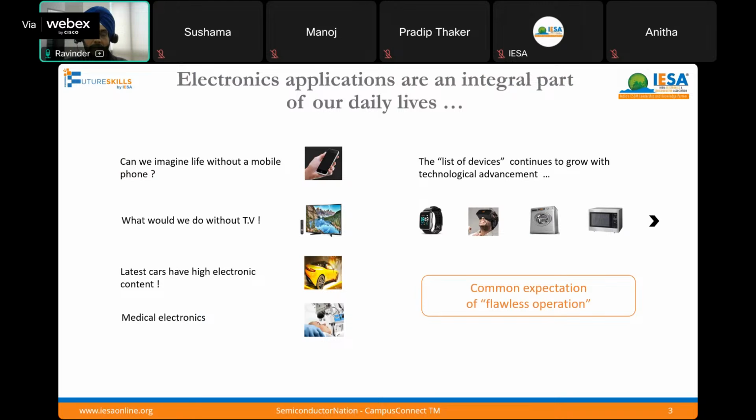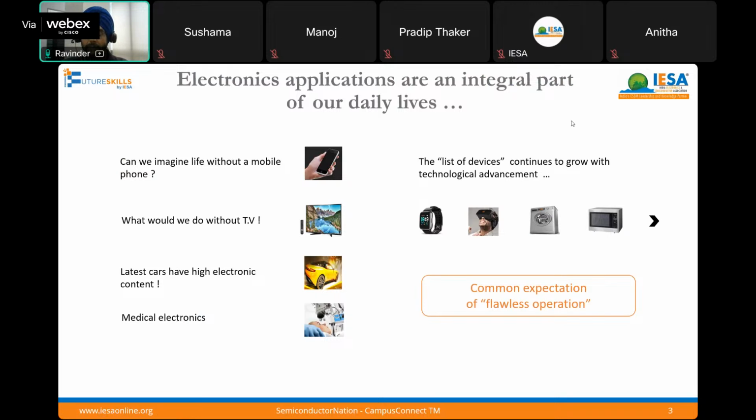Also in medical electronics, a lot of things are being done with the help of electronics. We know that robotic surgeries are being performed, and all this is enabled by electronics.